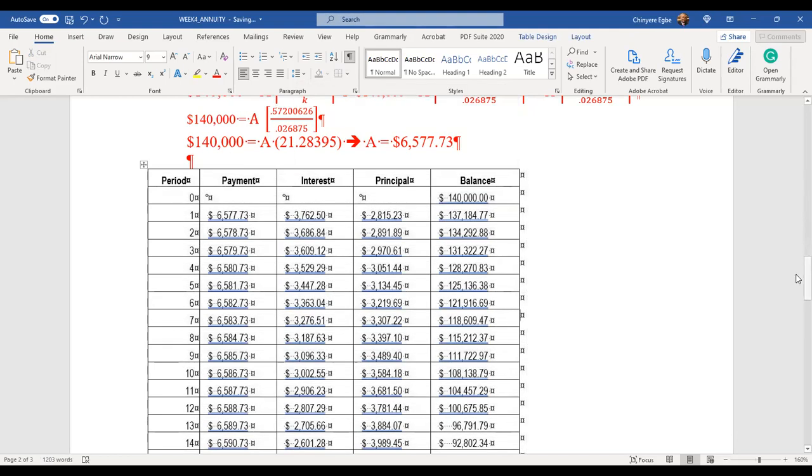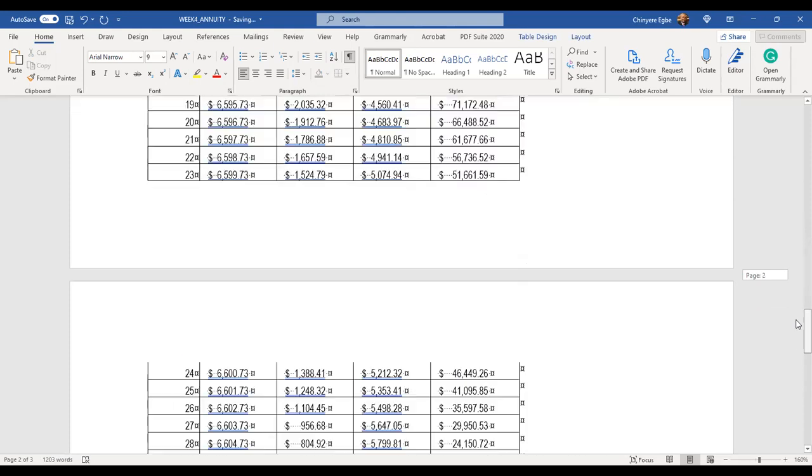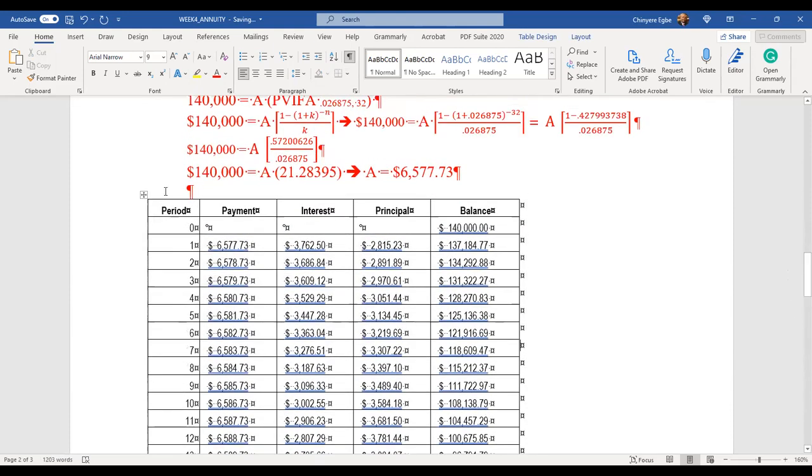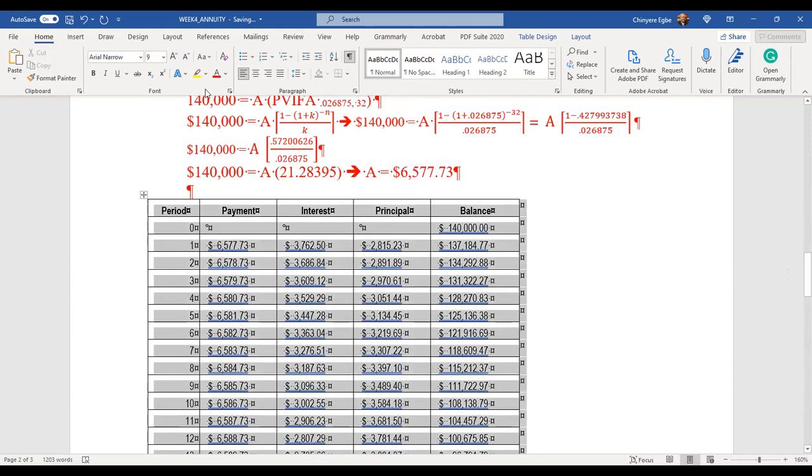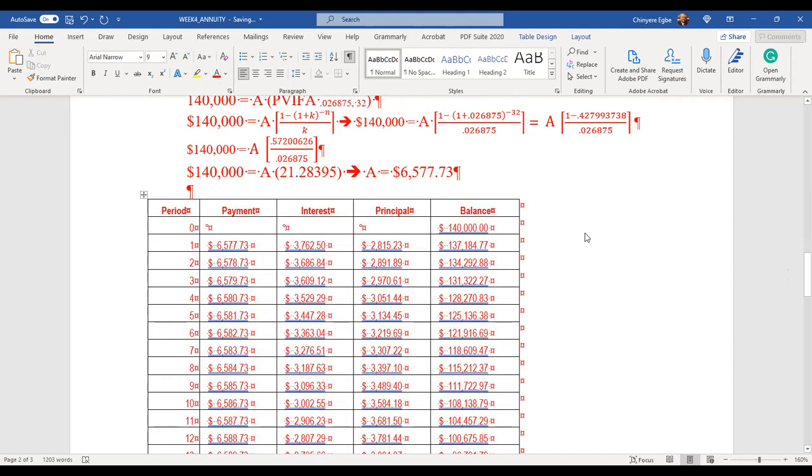So you have a solution. I'm going to mark that solution in red. So this is your solution for that problem.